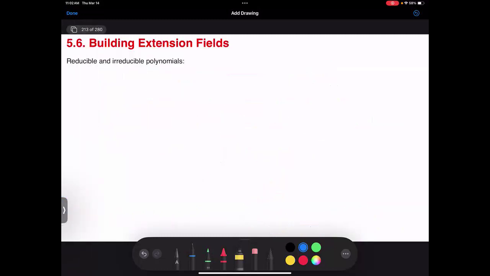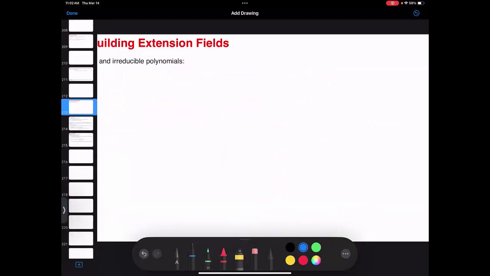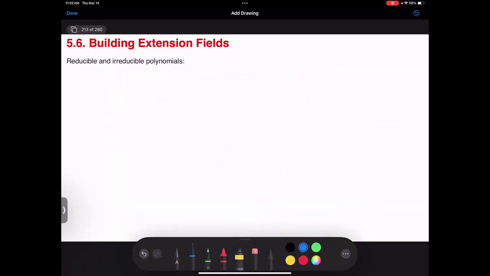Okay. So the next is building extension fields. Let's see how much we want to get to. So we're talking about reducible and irreducible polynomials. So if I give you x squared minus 1, can you factor that? Yes, and the factorization is x minus 1, x plus 1.